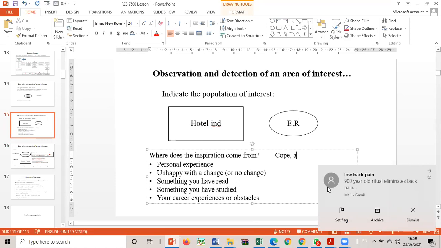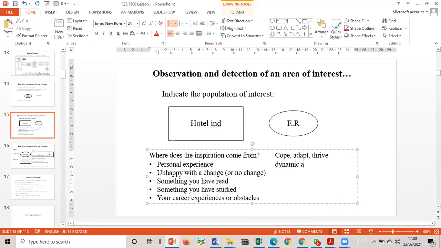Adapt, and thrive, T-H-R-I-V-E. In a dynamic and challenging environment. It's not any environment, it's a dynamic and challenging environment.